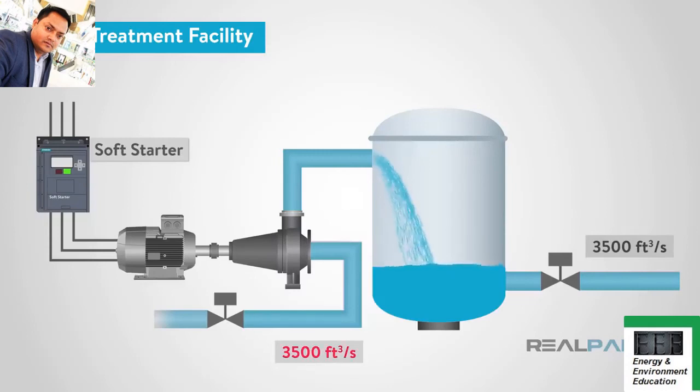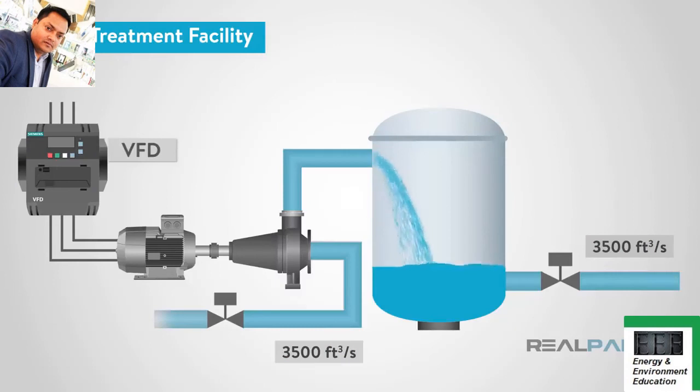Since the demand for water exiting the plant is the same as supply into the plant, the speed of our pump would not vary. However, if the demand for water exiting the plant raises or lowers, we would want to vary our speed, making a VFD a better choice for the application.